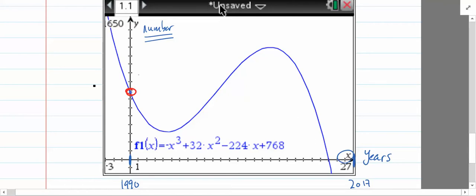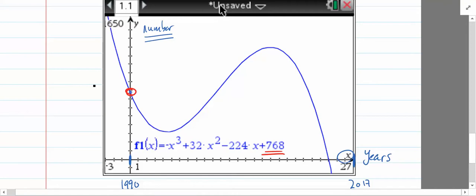If we evaluate this polynomial when x was 0, if we changed each of these x's to 0, that tells us how many animals we had in 1990. As it turns out, changing x to 0 makes each of these first three terms 0. We had 768 animals in 1990.